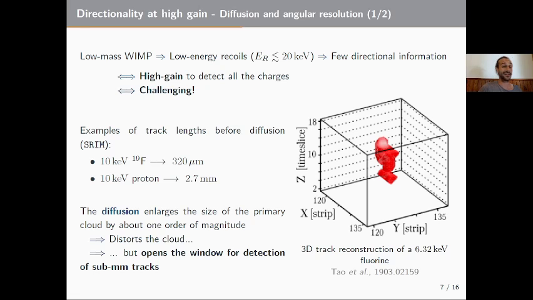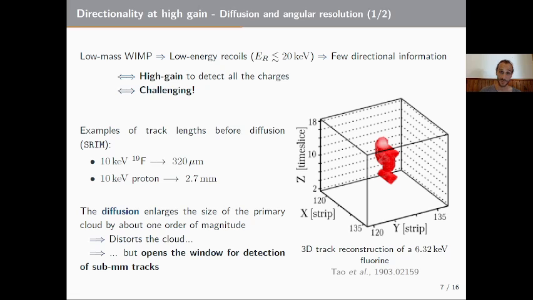But something else that is challenging is that the tracks are short. For instance, a 10 keV fluorine will have a track length of about 320 micrometers, which is below the resolution of one of our pixels. So it means that a 10 keV fluorine would be seen as a point-like event in our detector.